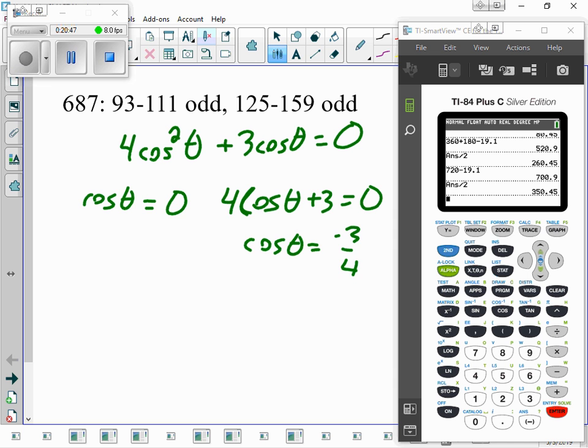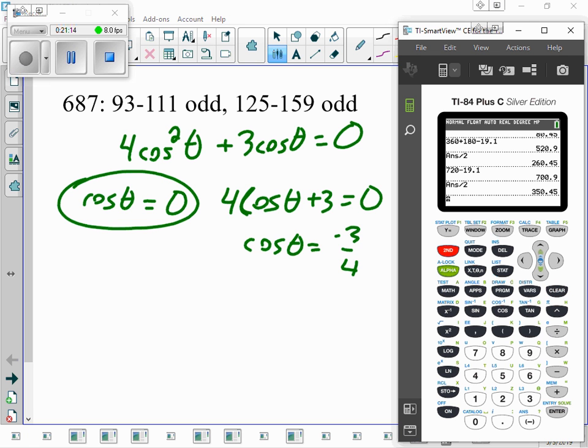Now I just need to determine what angle makes the cosine of theta equal to 0. It happens twice, at 90 and 270, since it wants the answers in degrees. And then for the other one, we need to do the inverse cosine.